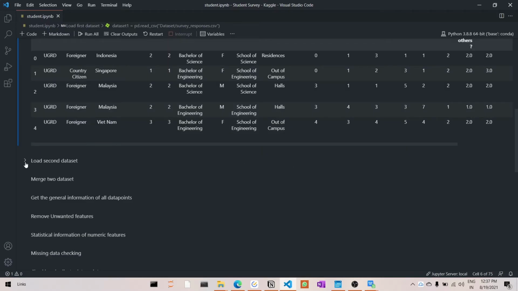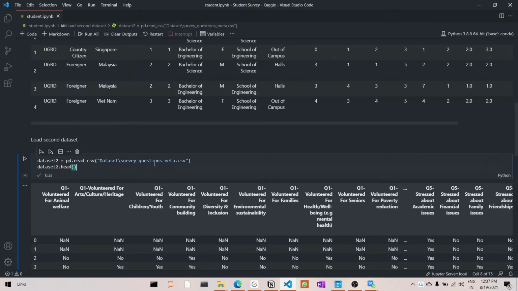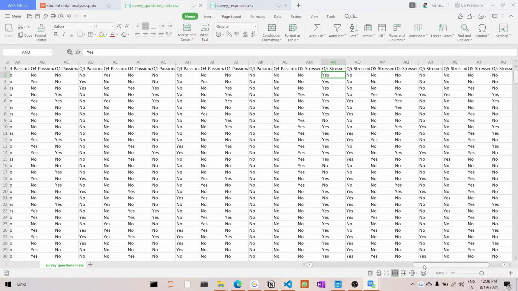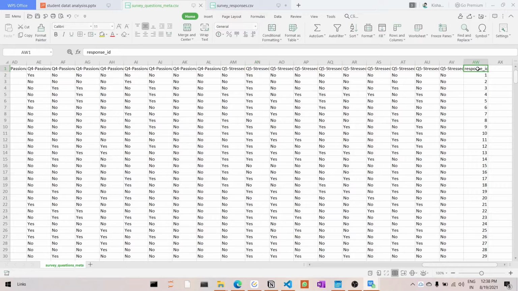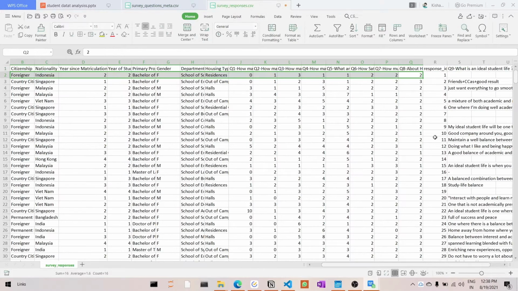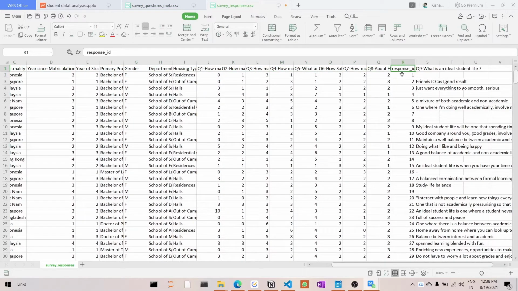Then I'm loading the second dataset, which is survey questions meta. If you see the datasets, the one thing they have in common is the response ID. Here you can see response ID in both datasets. So we can merge those datasets because the response ID belongs to the first student, second student, and likewise.